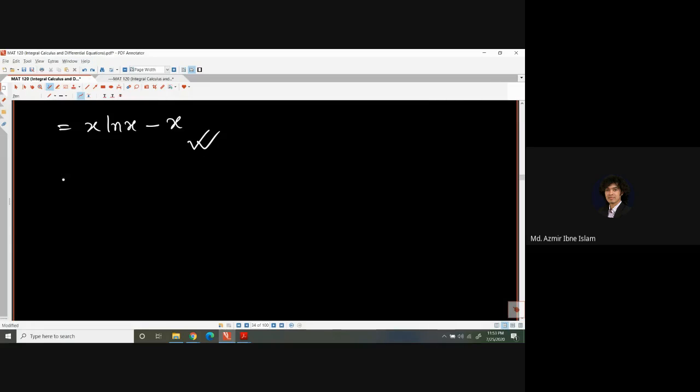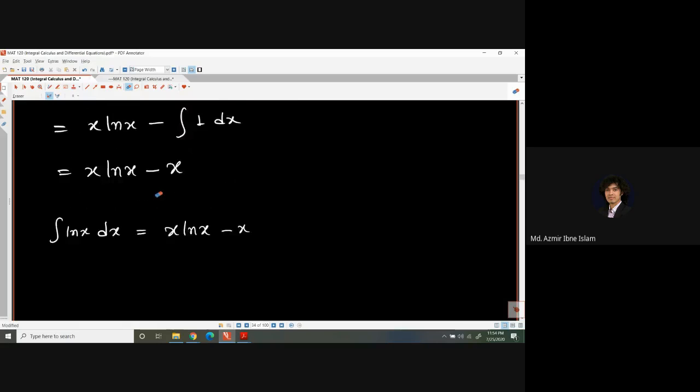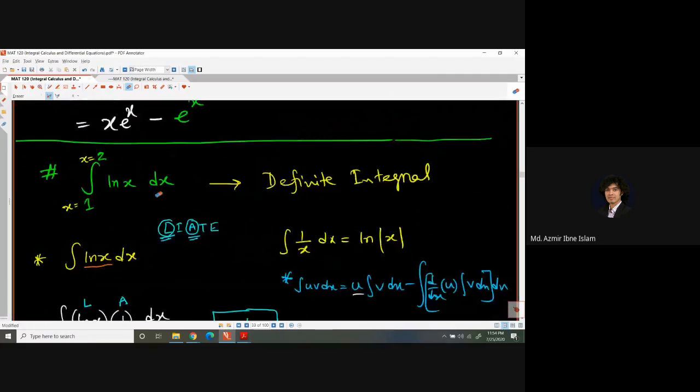So that means the integration of natural log of x dx is x natural log of x negative x. Now don't forget that we have to find the area.